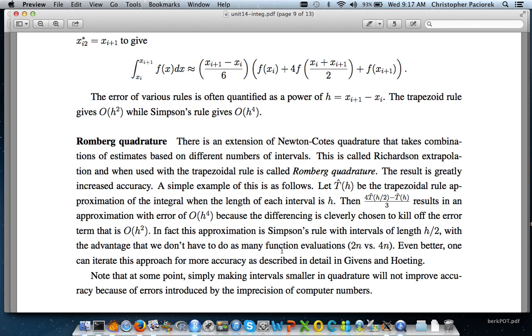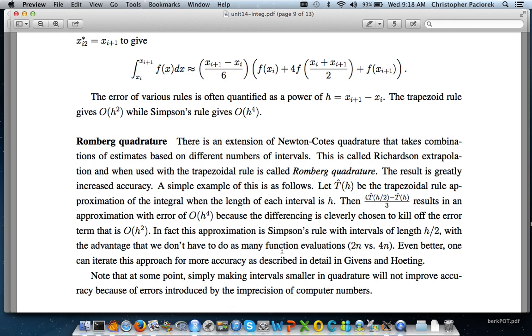Okay, so what do I get here? I get 3T, and then the 4c1 h squared is going to cancel out. So the error term that's order of h squared cancels out because I've done this clever trick here. And then I've just got 2 order of h to the 4th terms that I'm subtracting, so the result of that is still going to be order of h to the 4th.